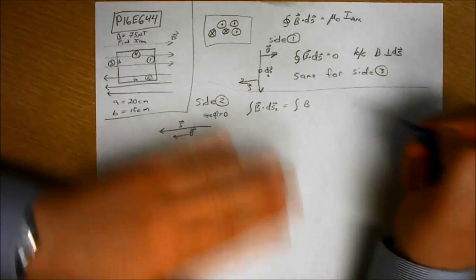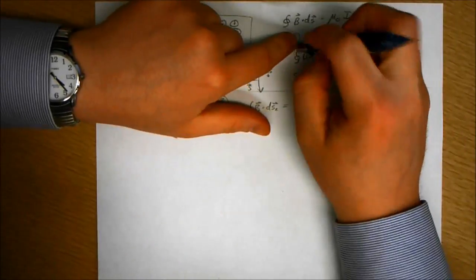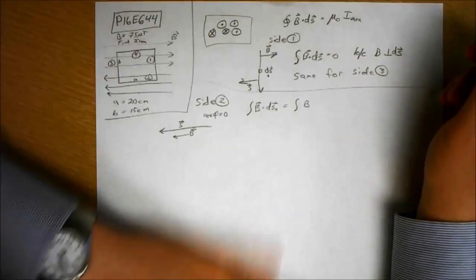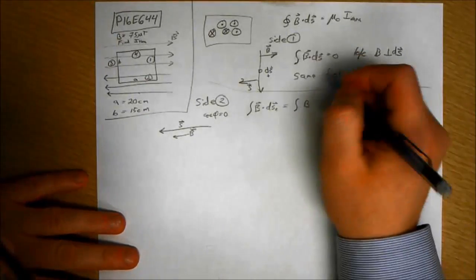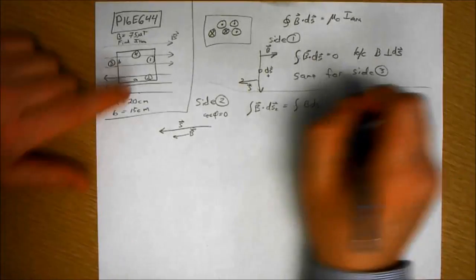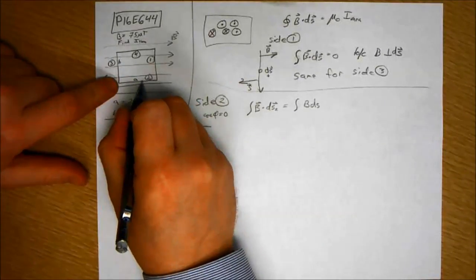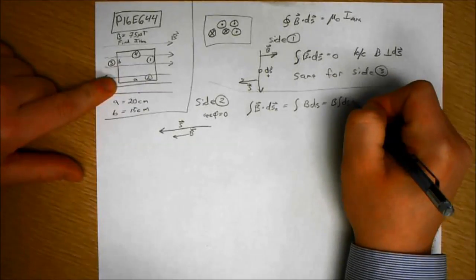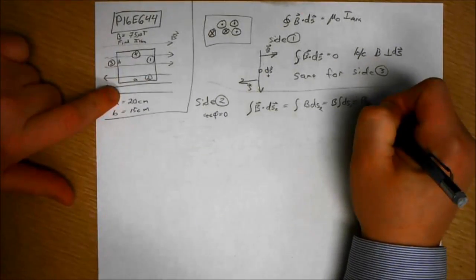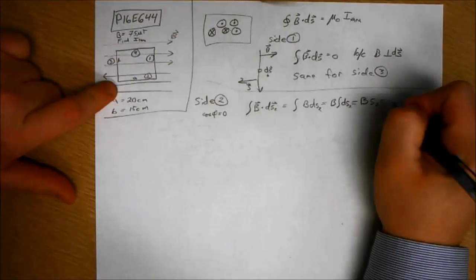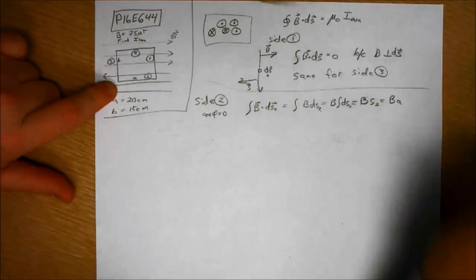I should have done the same thing up here too. I'm being really picky about notation, but we have to be. So this is just equal to B dot ds. You notice the magnetic field is the same at every point along here, so you can pull B out of the integral. It's just B times the integral. Once I integrate this, this is just B s2, which is equal to B times A. The path distance is A.